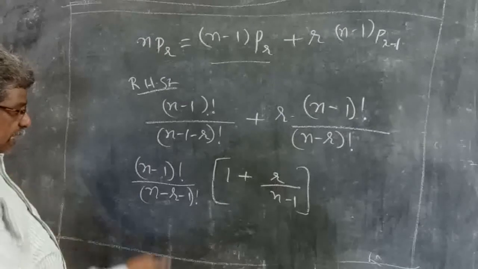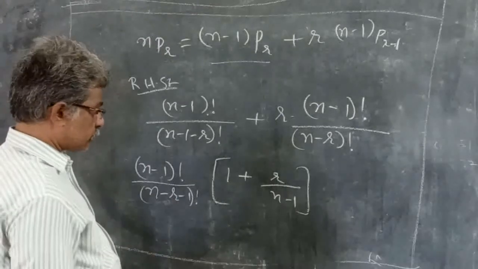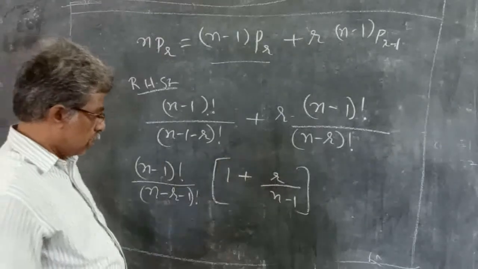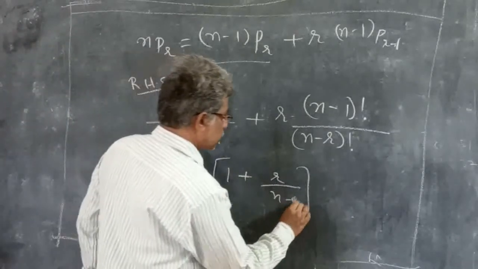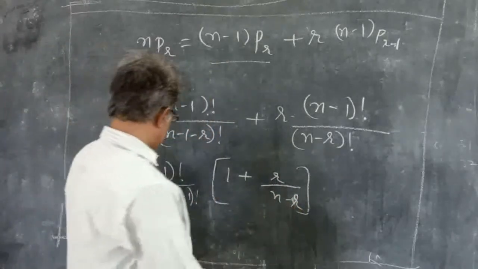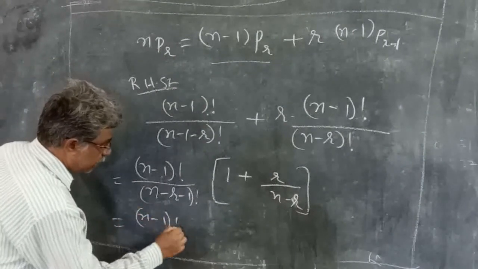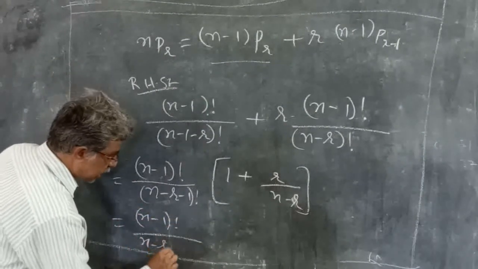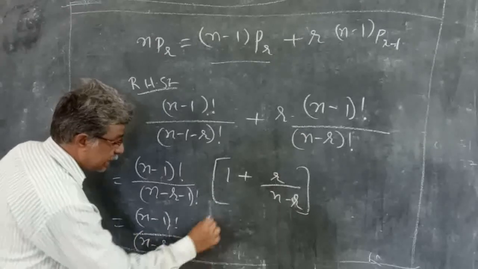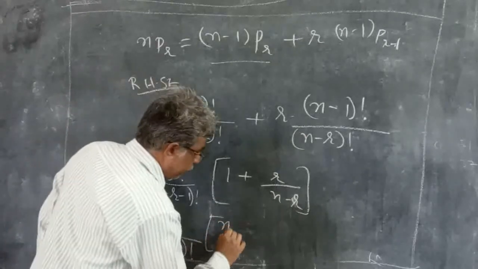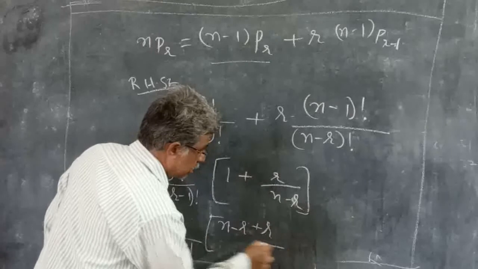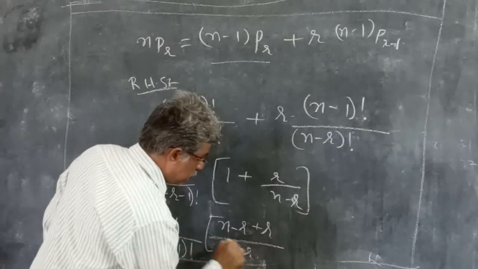If I take the LCM, what do I get? n minus 1 factorial by n minus r minus 1 factorial into n minus r plus r by n minus r.